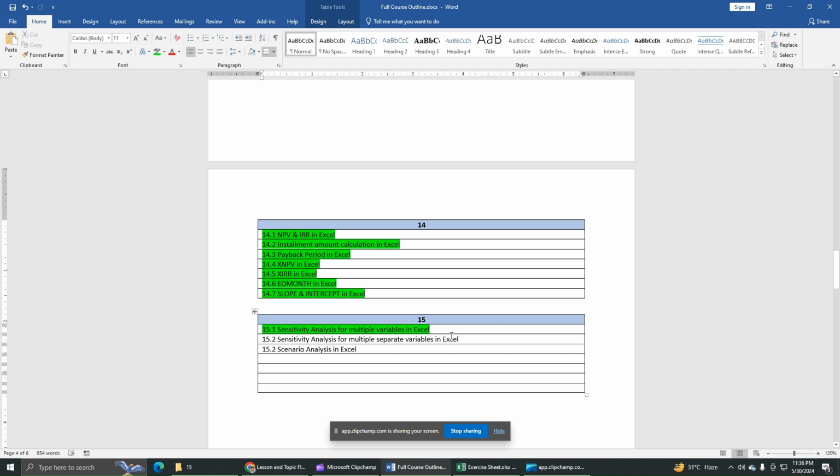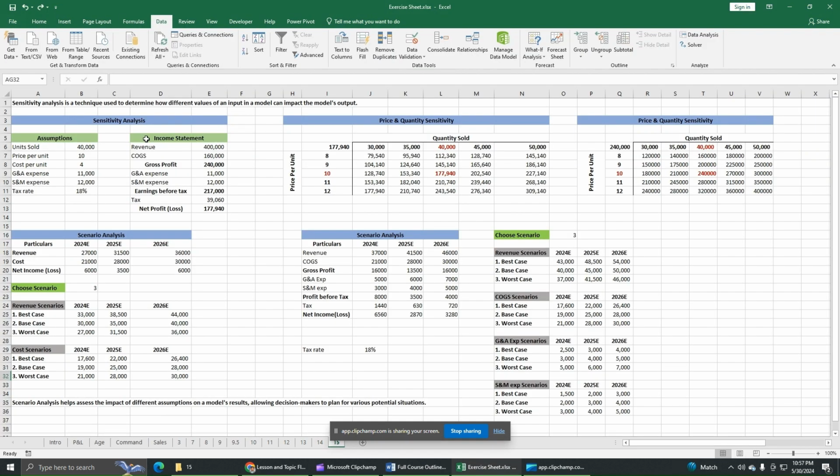So let's start. In our previous tutorial, we used this dataset and calculated price and quantity sensitivity. Here we did this for net income. In this table we did this for gross profit.